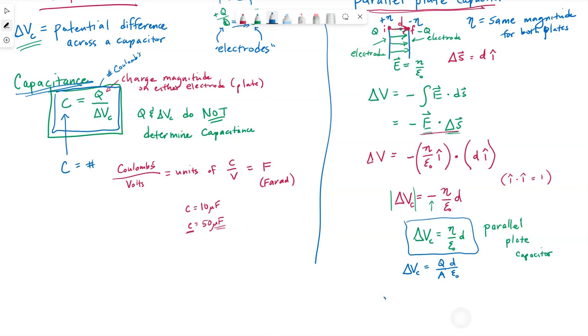What I want to do is write this as Q over delta V, because we've already defined capacitance as charge per voltage.